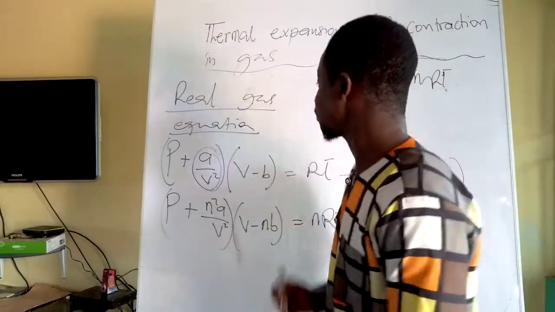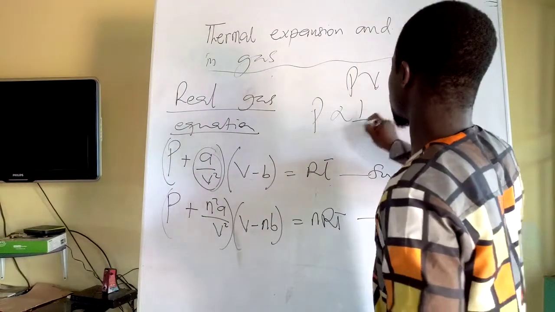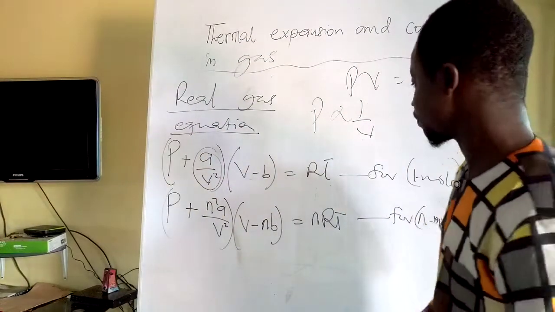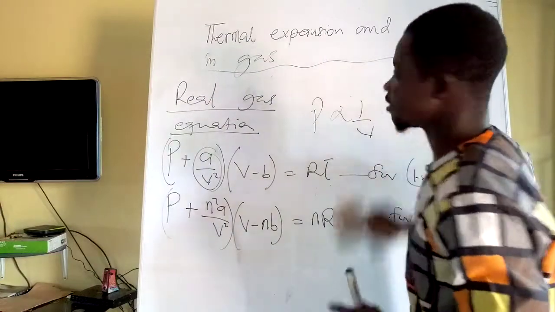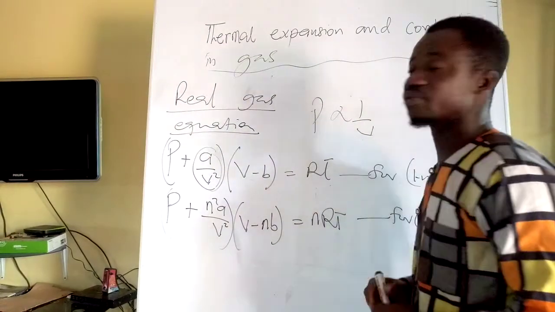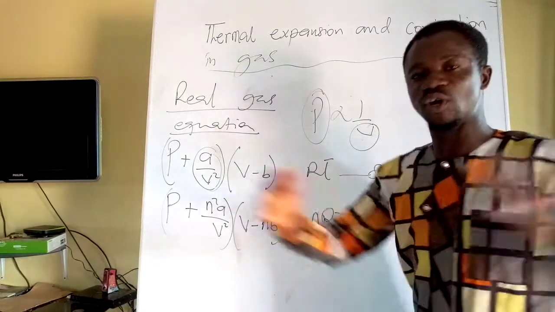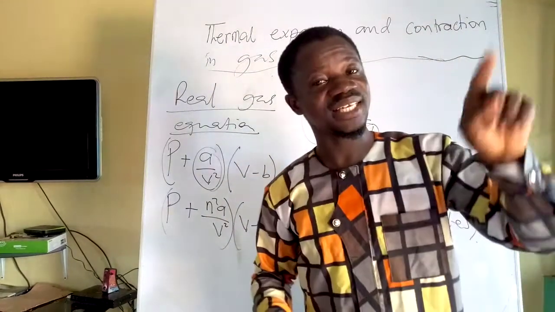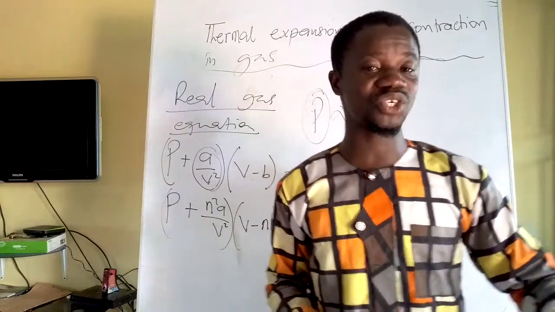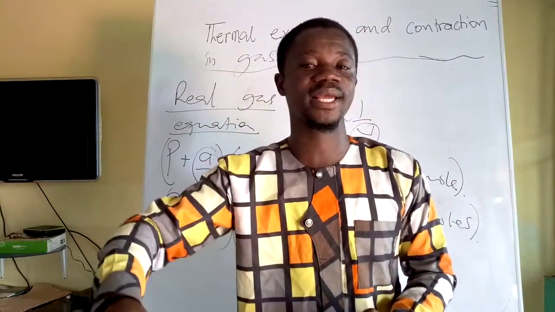from Boyle's law, pressure is inversely proportional to volume. Pressure is inversely proportional to the volume of the containing vessel. So very low pressure means very high volume of the containing vessel. In the ideal gas, we assume that the molecules do not occupy volume.